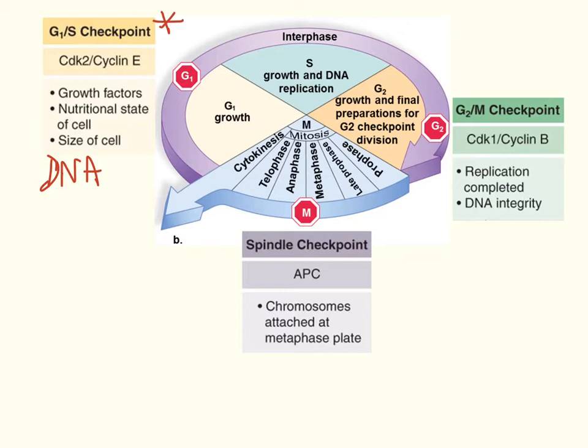The third checkpoint happens in metaphase, when the chromosomes line up at the metaphase plate. This checkpoint ensures that all the chromosomes are attached to the spindle and that they're at the metaphase plate. If everything looks good, the appropriate cyclin is released, and then the cell will go through anaphase.